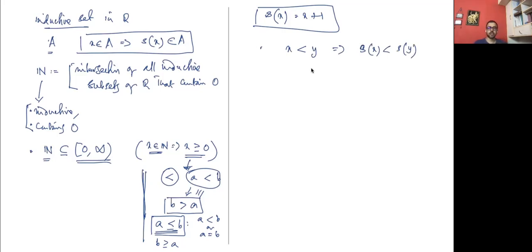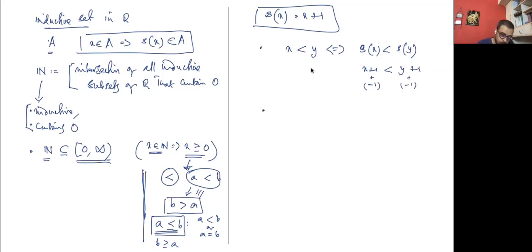This comes from the first property of an ordered field: x less than y, and you add a third element, then x plus that element is less than y plus that element. And in fact, you can go in the opposite direction also. If you have x plus 1 less than y plus 1, you can take your third element to be minus 1, which gives you the left-hand side. So this is a two-way implication.